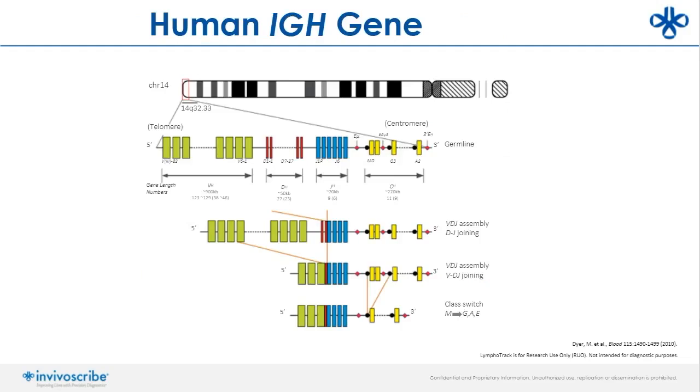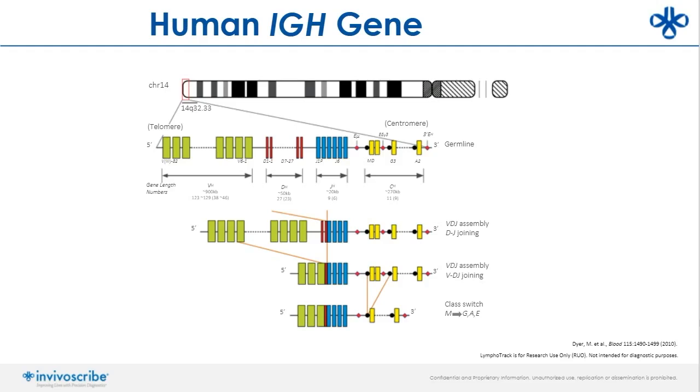And actually, once you go through the rearrangement, the process becomes very simple. There are approximately 50 to 60 different functional variable regions, as in the green here, and then roughly 25 diversity regions and the joining regions. Through a very organized fashion, the gene undergoes a rearrangement.